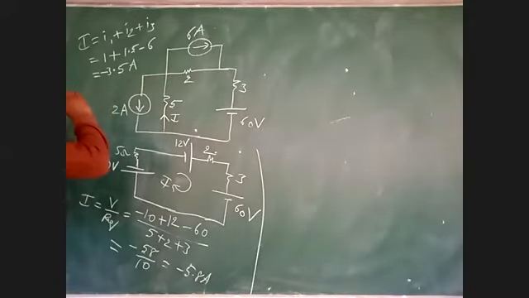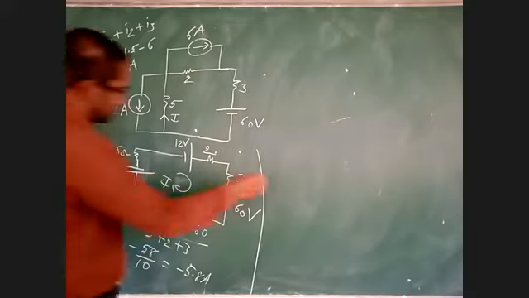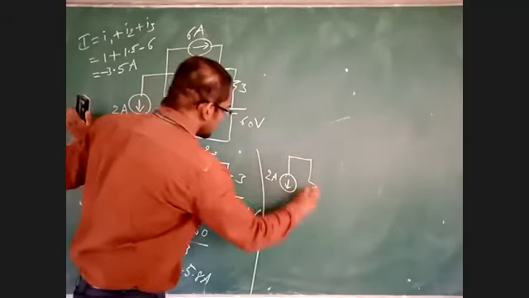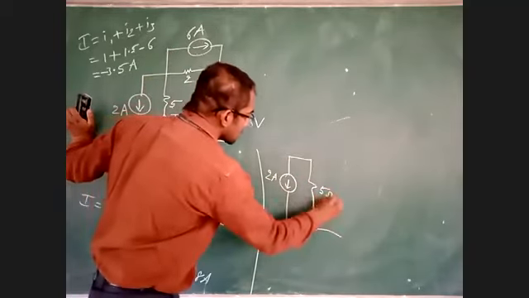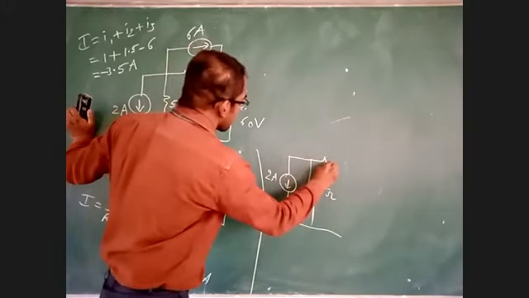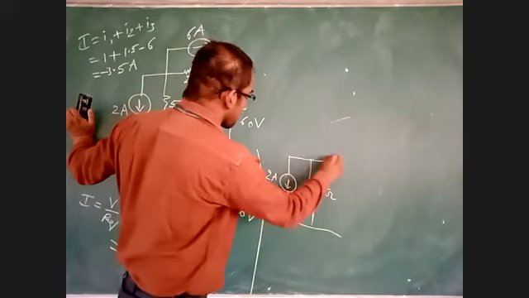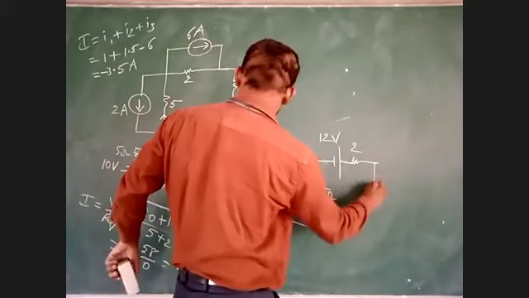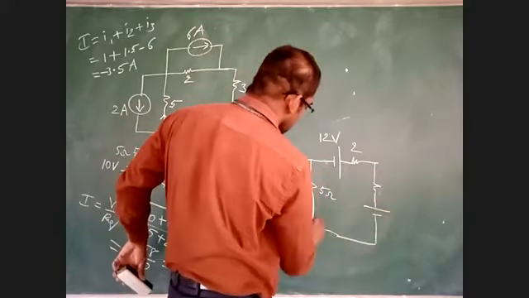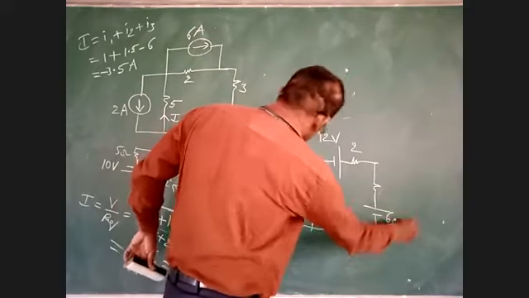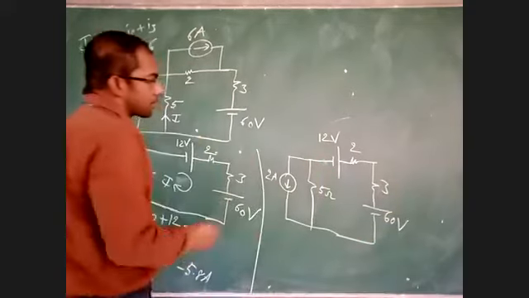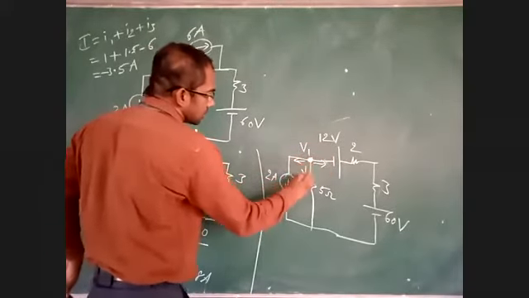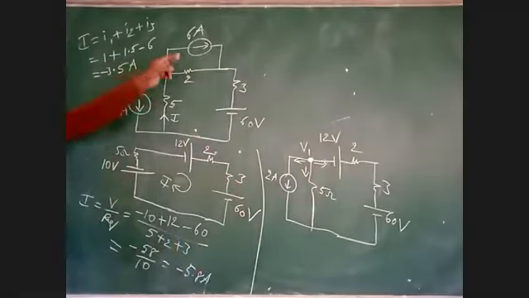Here, this 2 ampere I am keeping as it is, and this 5 ohms. Here let us take one node V1, where 3 branches are connected. I am converting this current source into a voltage source here.